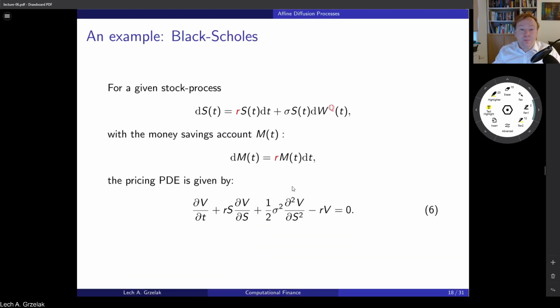Okay, here's the example, something we have seen already before. Again, the Black-Scholes model. We have r, we have a risk-neutral measure Q, we have a money savings account with the same r. Then we have the following PDE. This is the Black-Scholes PDE.